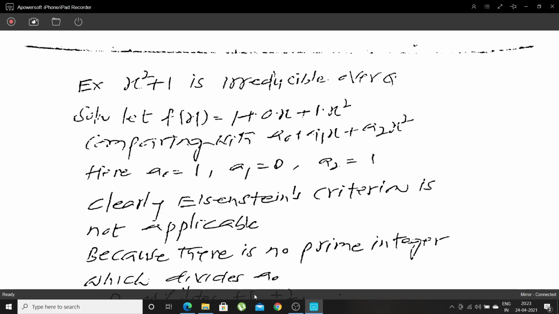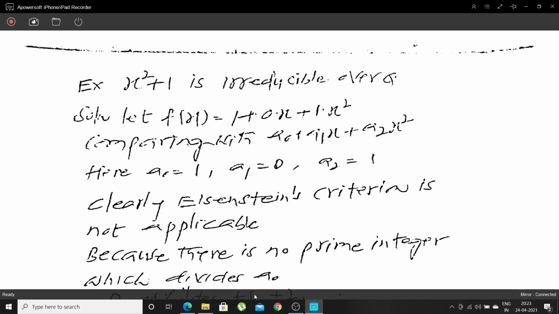But we have to solve the same example by using the standard theorem, that is Eisenstein criterion. So that means we can solve the example by two methods. The first one is the traditional method. In the traditional method, we have to give different values to x. See that x should be rational.